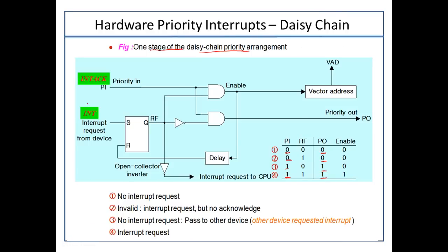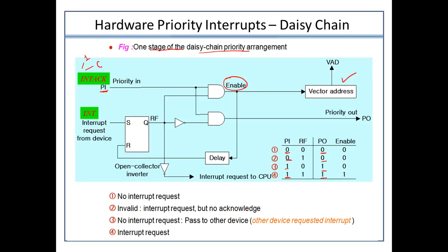Now let's understand the various components attached within this. This is the vector address. We know that if the device is enabled, if the device has sent the request, only then this vector address will be achieved. It means in order to achieve this vector address, we need the value to be equal to 1 here. This is the priority in. If the acknowledgement signal is 1, only then the priority in will go.